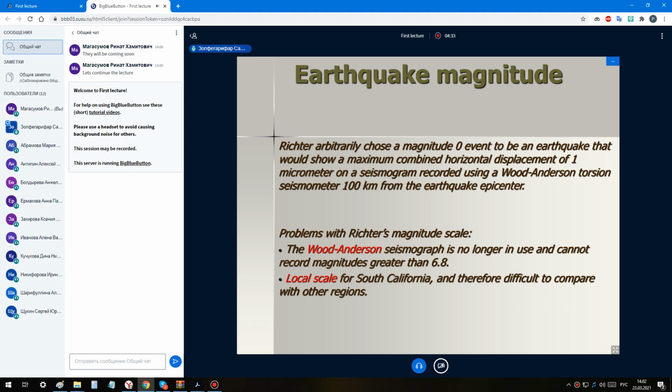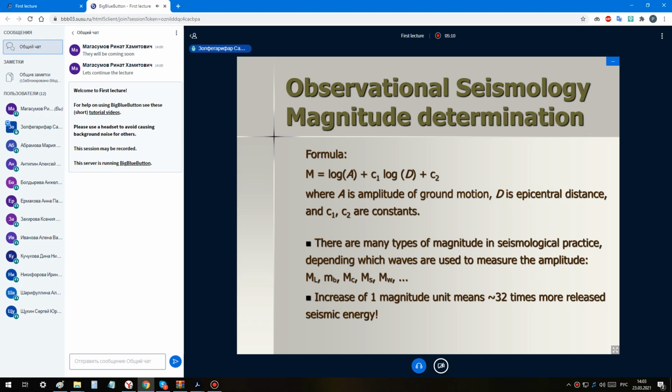But the problem with the Richter magnitude scale is that the Wood-Anderson seismograph is no longer in use and cannot record magnitudes greater than 6.8. Also, it is a local scale for Southern California, and therefore difficult to compare with other regions.